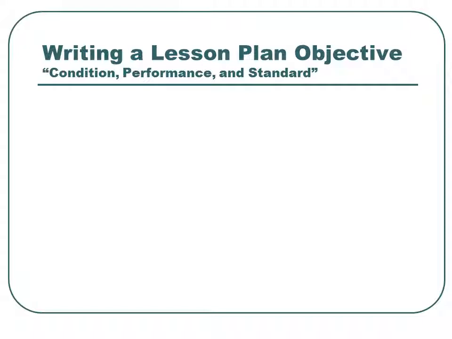You need to write 1 CALP objective, which is written using only the Language Arts Sunshine State standards, as well as the ELPS, the English Language Proficiency Standards, and 1 learning strategy objective, which is written using the name of the learning strategy listed in the CALA handbook and the verbs that explain the strategy.